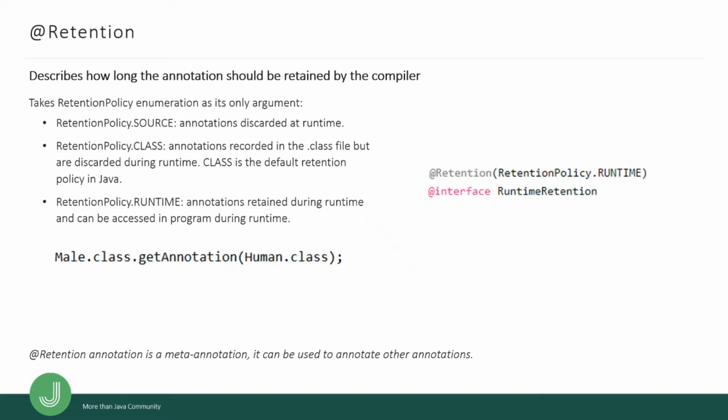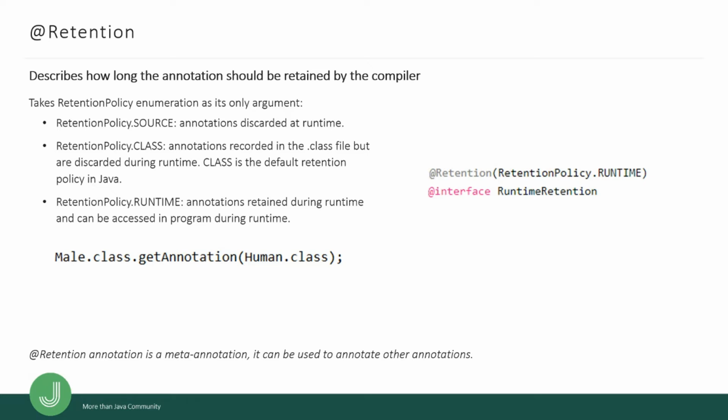So there's an example on the right. For example, we're creating an annotation called runtime retention, and we're marking its retention policy as runtime. That means that we can get it through the reflection API of Java during the runtime. Let's see an example. I have an example of the getAnnotation method from the reflection API.